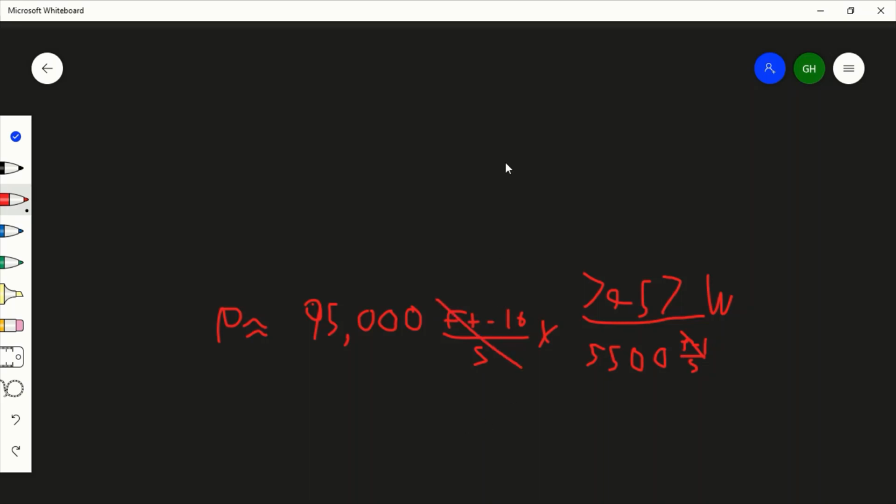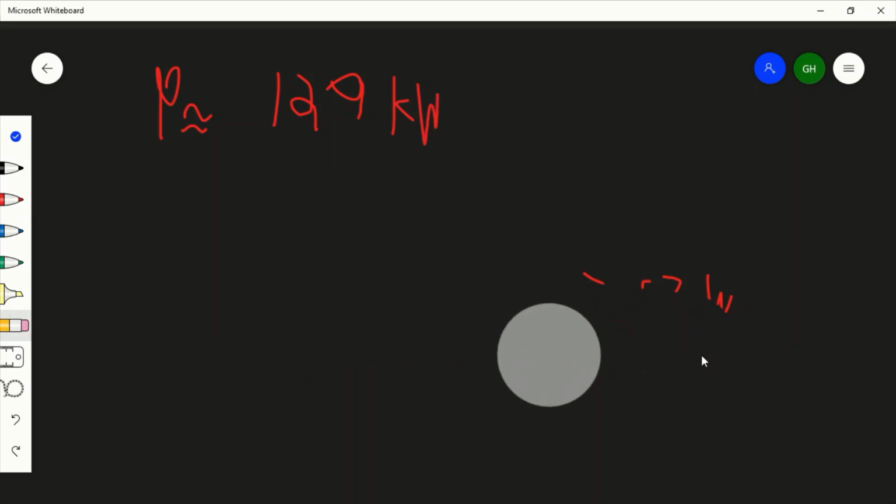Those will go away, and we will be left with about, I can do better than that. 129,000 watts, or I'll just abbreviate it as kilowatts. So we have that, and we have our voltage.